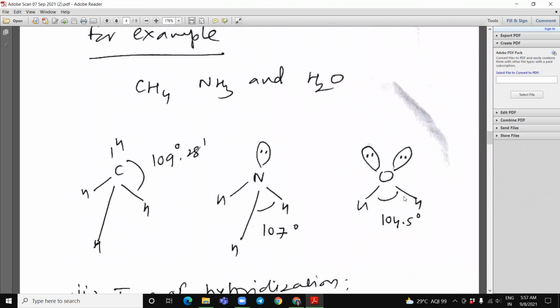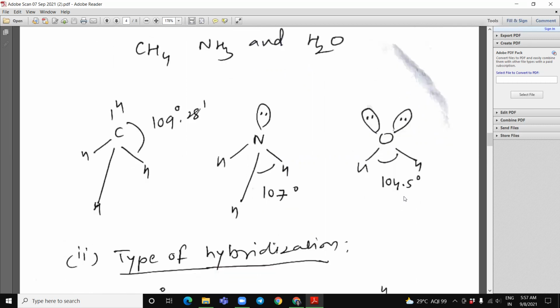See here, the bond angle between hydrogen, carbon, hydrogen is 109 degrees 28 minutes, whereas in ammonia it decreases: hydrogen, nitrogen, hydrogen has 107 degrees, whereas in water, the hydrogen, oxygen, hydrogen bond angle is 104.5.